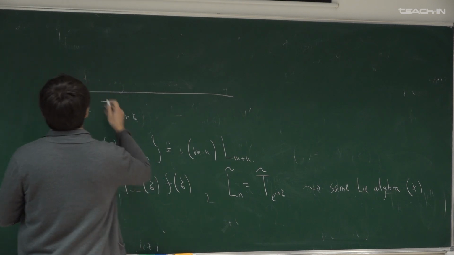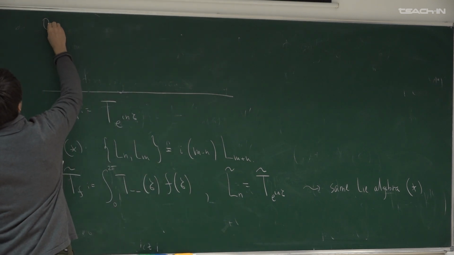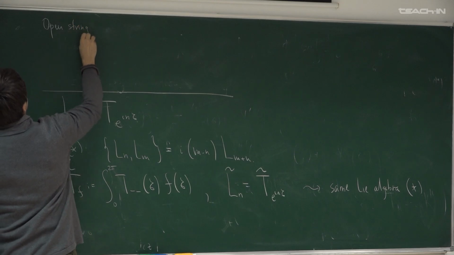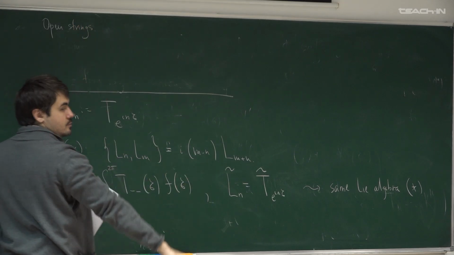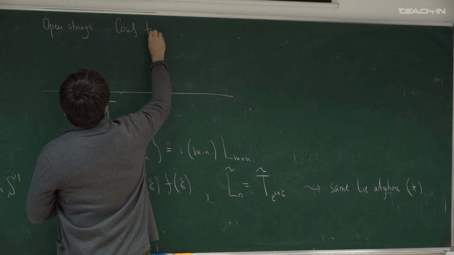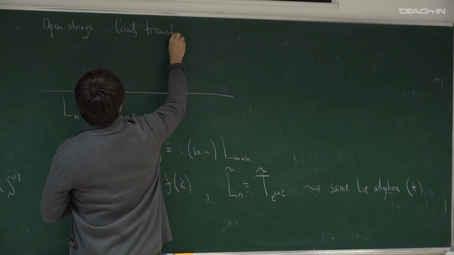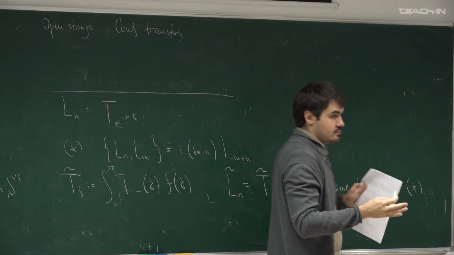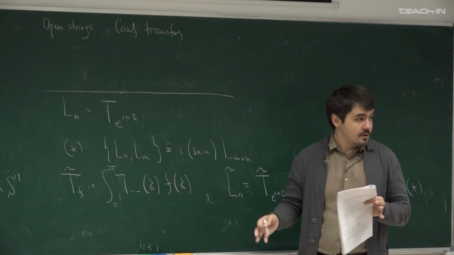But in the case of open strings, when we do our conformal transformations, the action formally looks the same, so it's invariant under conformal transformations, but we should respect the boundary conditions, right?